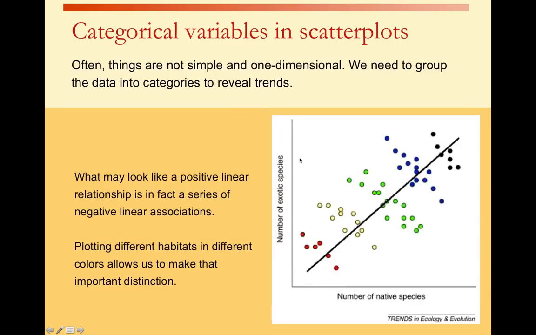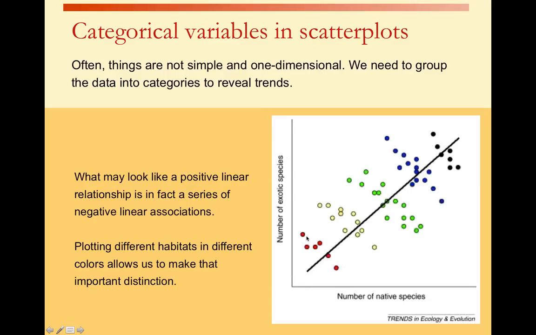Some other things to look at with scatter plots is that sometimes things are not as simple as just these one-dimensional relationships where I have an increasing or decreasing or no relationship, especially when I have stacked or grouped data. So let's just say I'm looking at the number of native species and the number of exotic species here, and there are different groups.